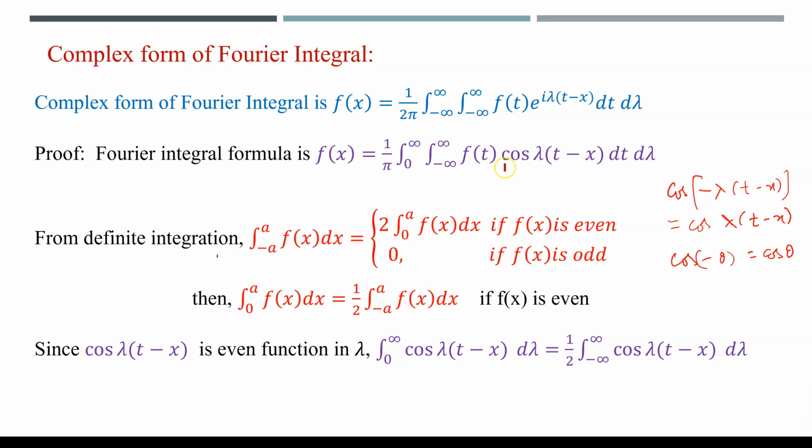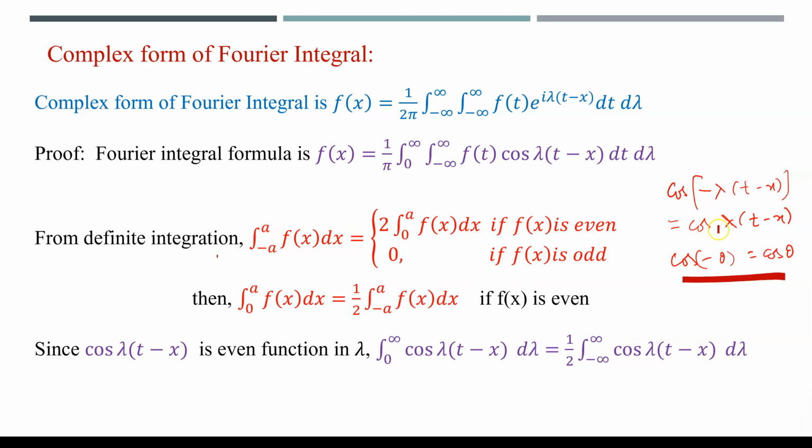Now here cos lambda into (t minus x) is an even function. How? Because cos of minus theta equals cos theta, we know this. That is why cos lambda into (t minus x) can be written as cos of minus lambda into (t minus x). If you replace lambda by minus lambda, we get cos of minus lambda into (t minus x), which according to this formula equals cos lambda into (t minus x).